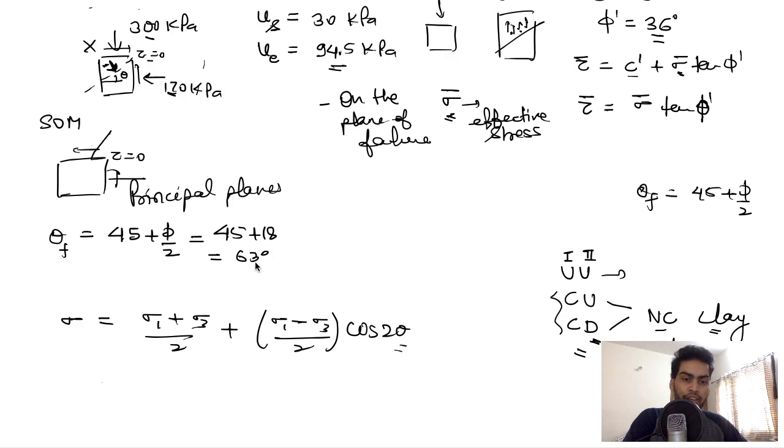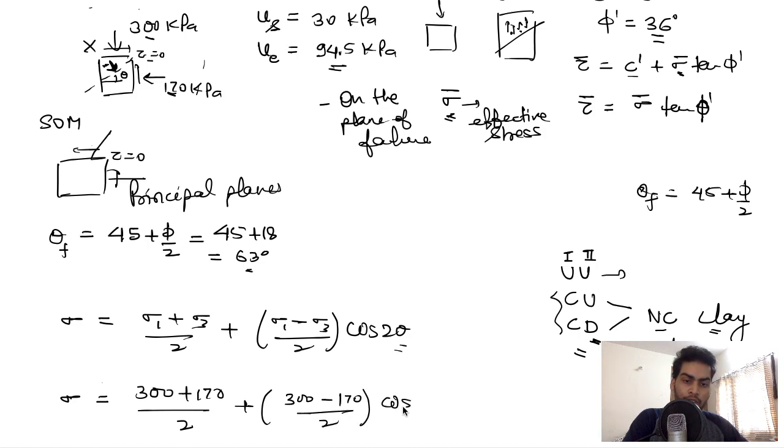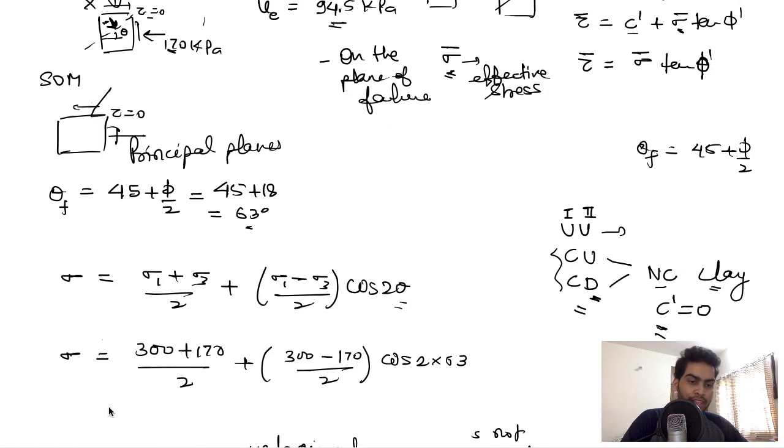The theta value we put is 63 degrees, and sigma 1 and sigma 3 are given here. So sigma becomes (300 plus 170)/2 plus (300 minus 170)/2 cos 2 times 63.